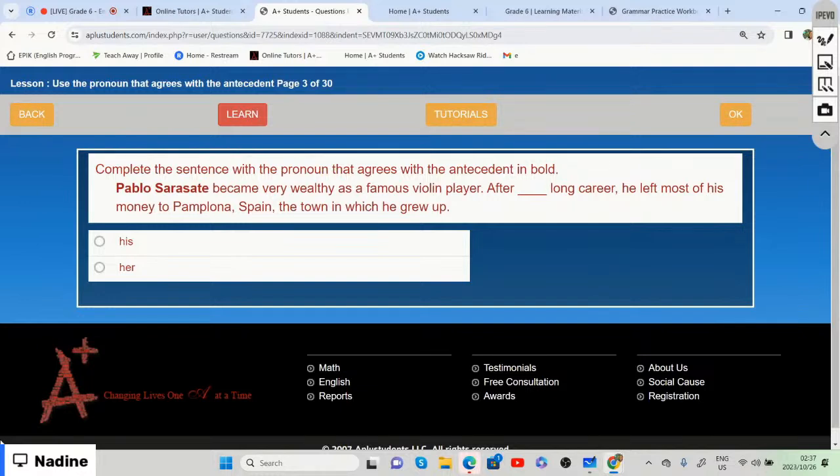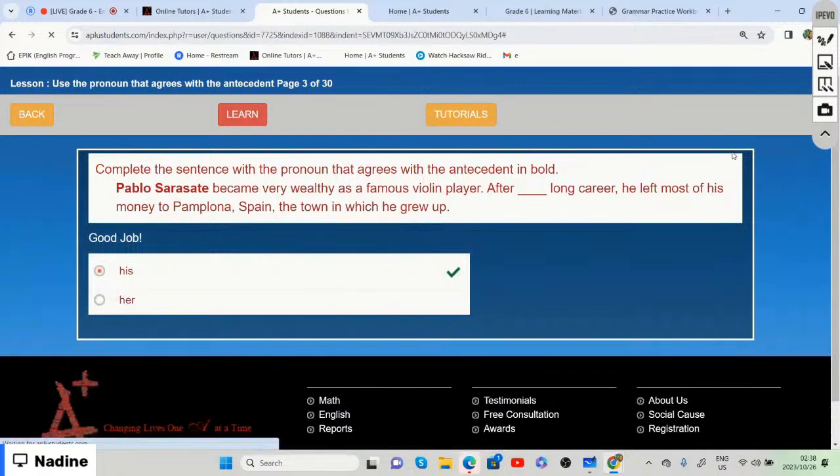All right, so if we select the correct pronoun, then we will say after his, because he's referring also to a male. His long career, he left most of his money to Pamplona, Spain, the town in which he grew up. So his is the pronoun that agrees with the antecedent, which is Pablo Sarasate.